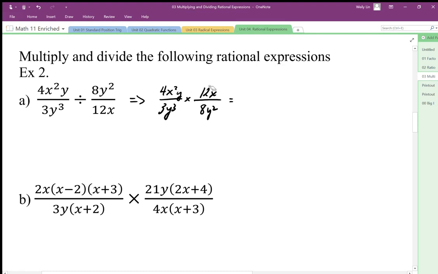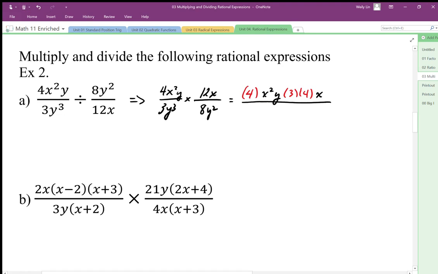So it looks like I have a common factor of 3 here, and a common factor of 4 here. I'm just going to rewrite those common factors first. So I'm going to have 4 and x squared, y, and 12 is going to be 3 times 4, and then we're going to have that extra factor of x.